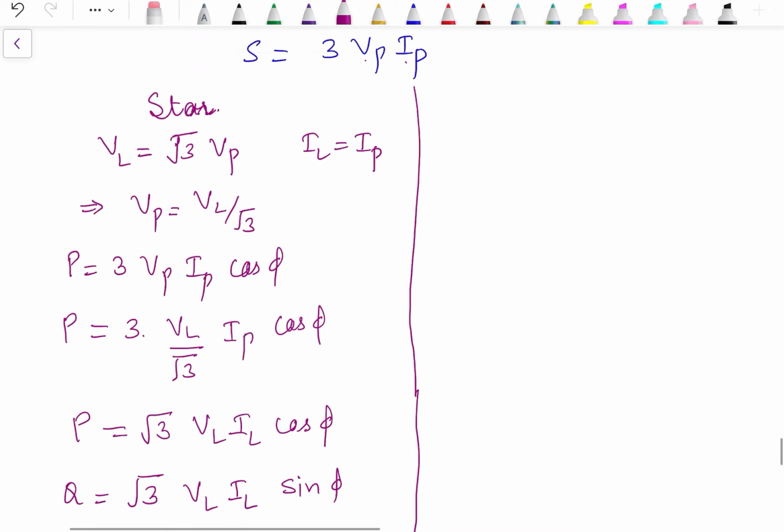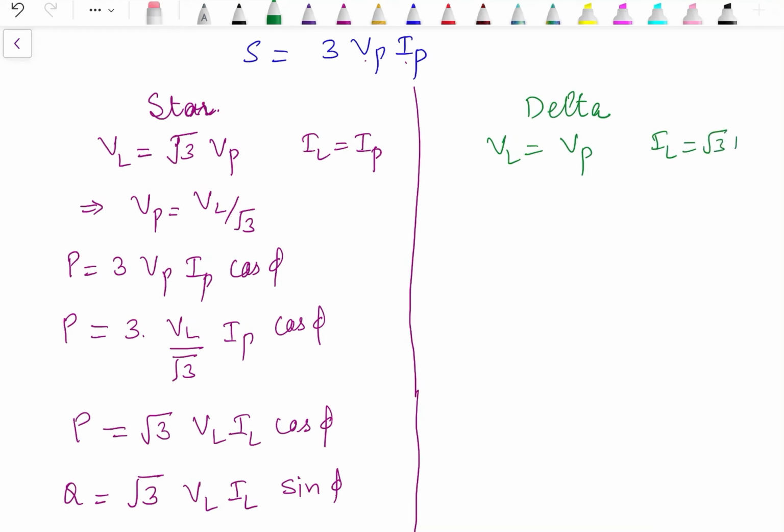Now if we make the same changes in case of delta, line voltage and phase voltage are the same. Line current is root 3 times phase current, or Ip is IL by root 3. Active power is 3 times Vp Ip cos phi.